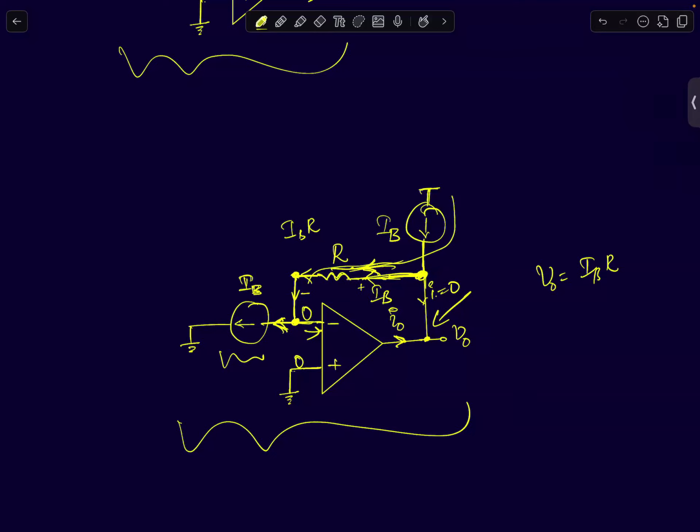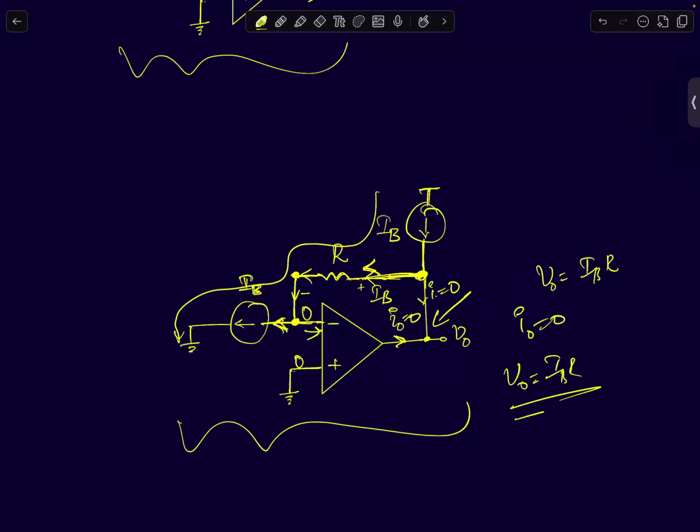So this is the path for the current. It starts here and flows to the ground. No current flows through the op-amp. So I0 equals 0, and V0 equals IB times R for this circuit.